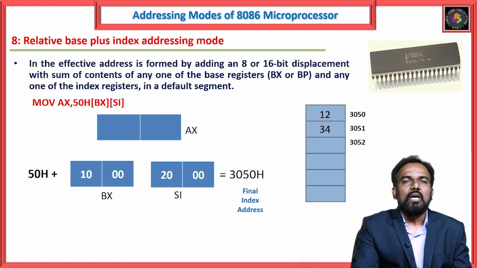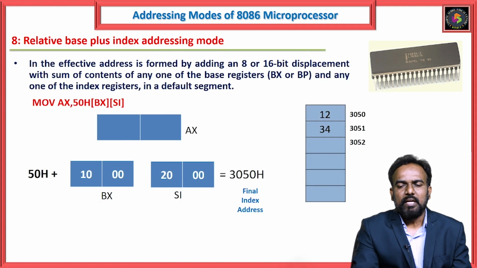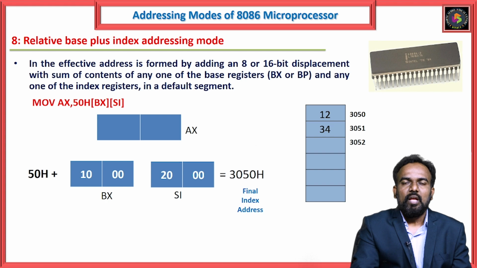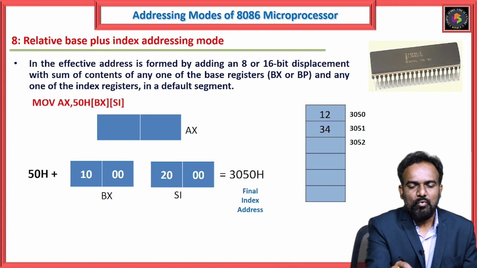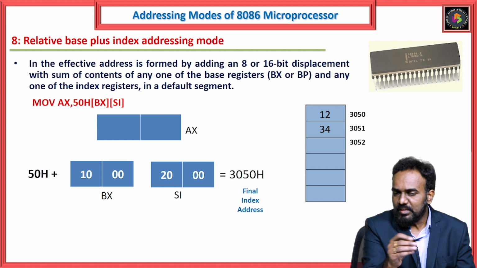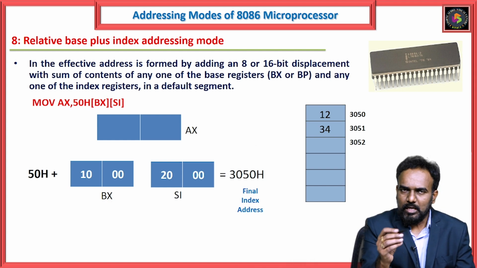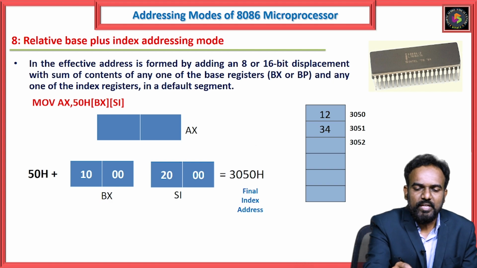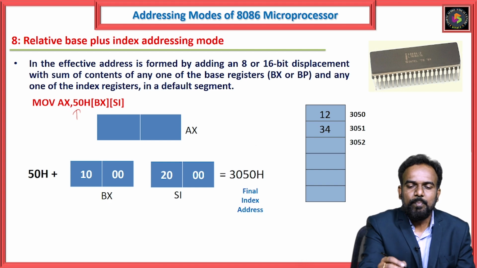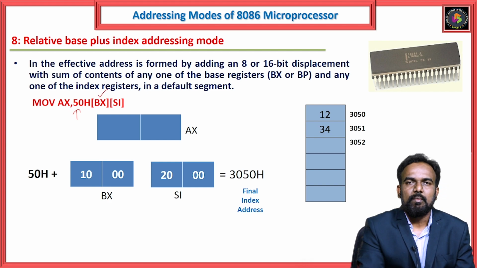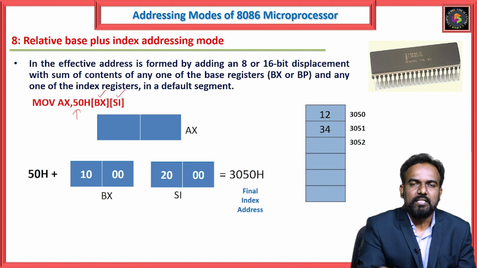And the last one, relative base plus index addressing mode. Here if you check the instruction, MOV AX, 50H[BX][SI]. The second operand contains 50H, the displacement value, adding additional memory addresses, and BX is the base register and SI is our index register.